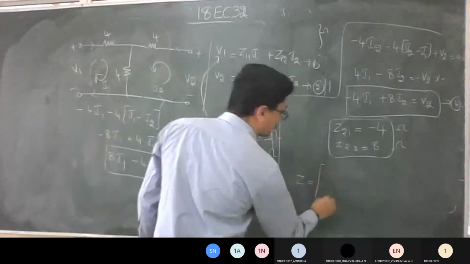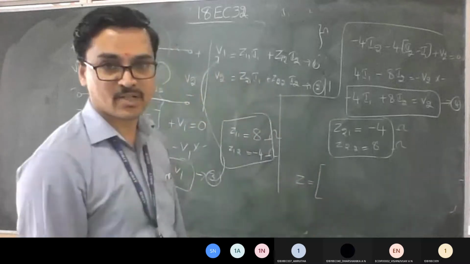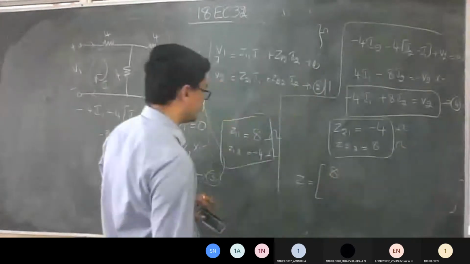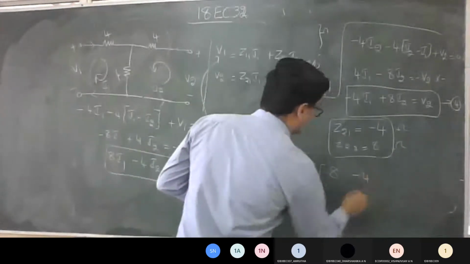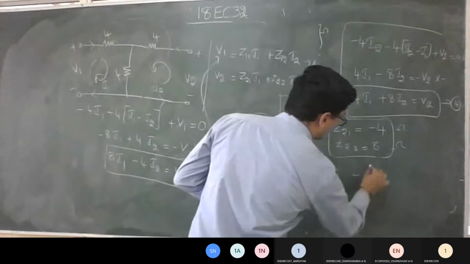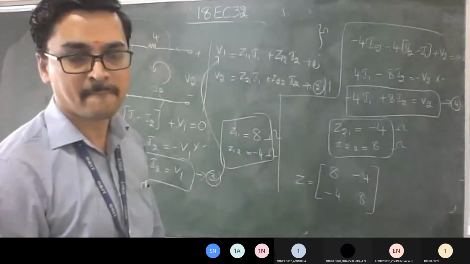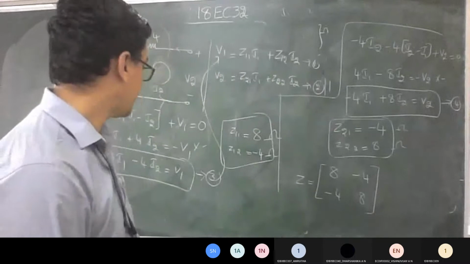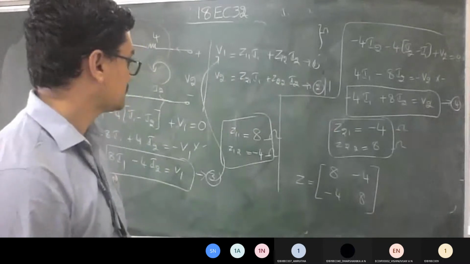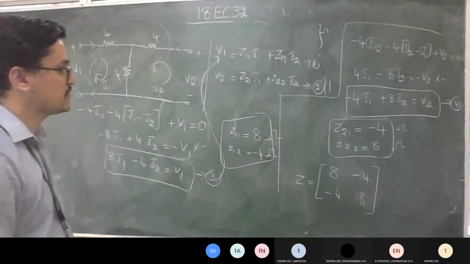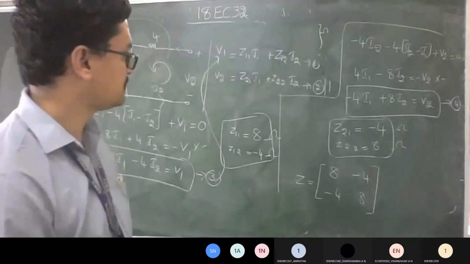Therefore Z is equal to, write all the answers together: 8, minus 4, minus 4, 8. Is it fine? What answers we got and what answers we were supposed to get, is it matching?